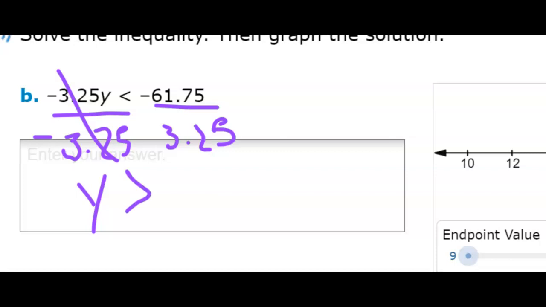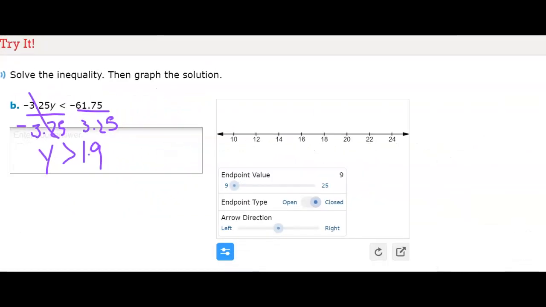And now negative 61 75/100 divided by the 3 25/100 is going to equal 19. And so now we have to graph our inequality, and we do not have, again, a line underneath our symbol because it's not equal to, so it has to be an open circle.